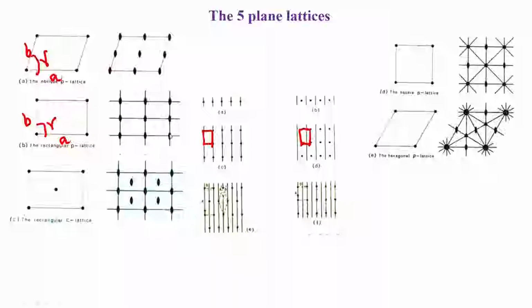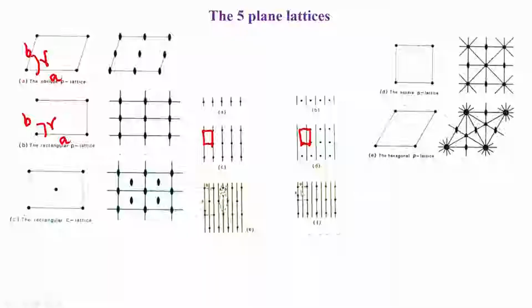The additional symmetries are placed at 1/4, but they are displaced by another 1/4. So, at 1/4, 1/4 we get a two-fold axis, and therefore, this now defines a new type of plane lattice which is a rectangular C lattice.